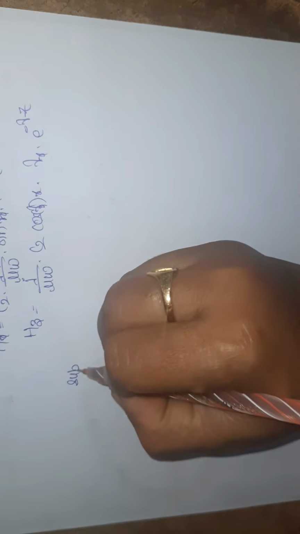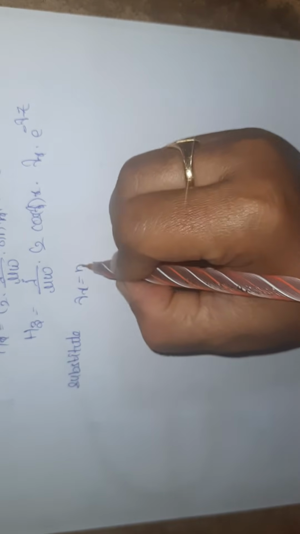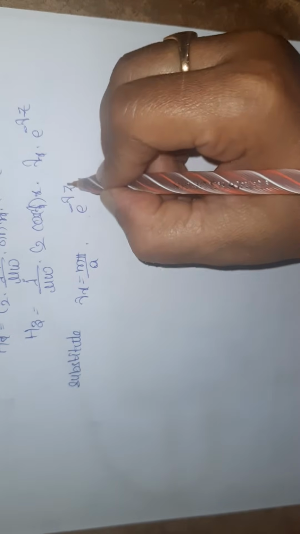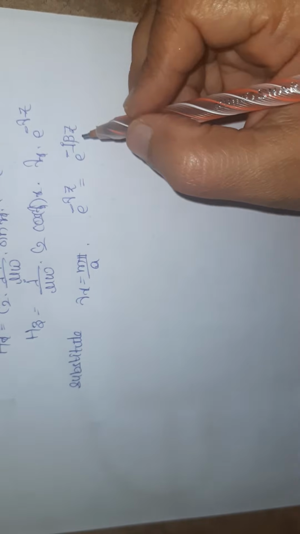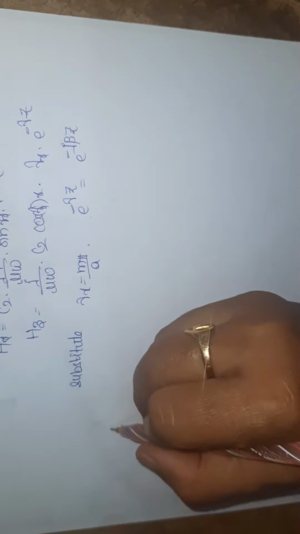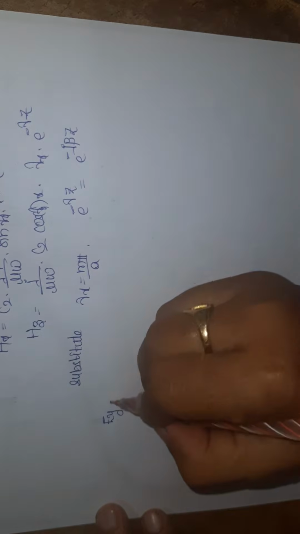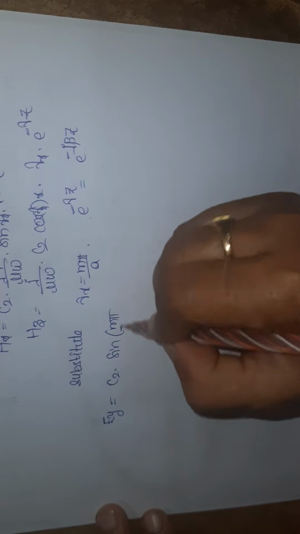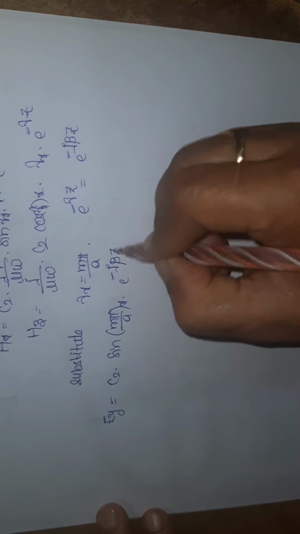Next, in these equations, substitute gamma x equals m pi by a and e power minus gamma z as e power minus j beta z. Then I will get Ey is equal to C2 sin(m pi by a x) into e power minus j beta z.